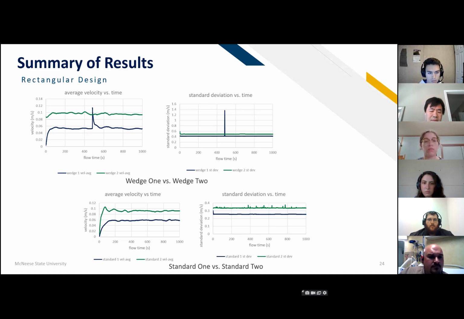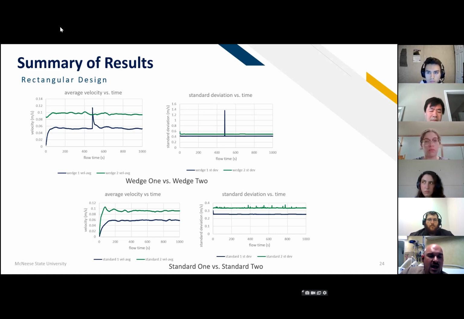So the top is wedge 1 versus wedge 2, and the bottom is standard 1 versus standard 2. At the top, we're looking at first average velocity versus time, then standard deviation versus time.